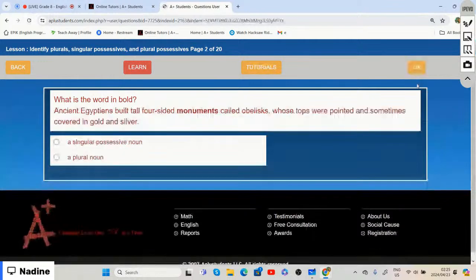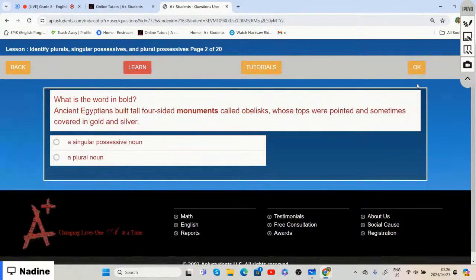Remember, whenever we add an apostrophe and an s, then it is possessive, right? If we are just saying, for example, one of this, more of that, then it is plurals.